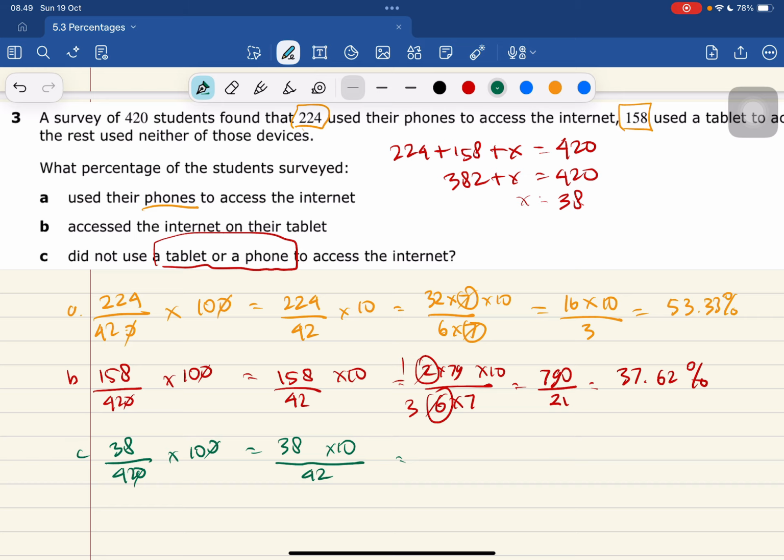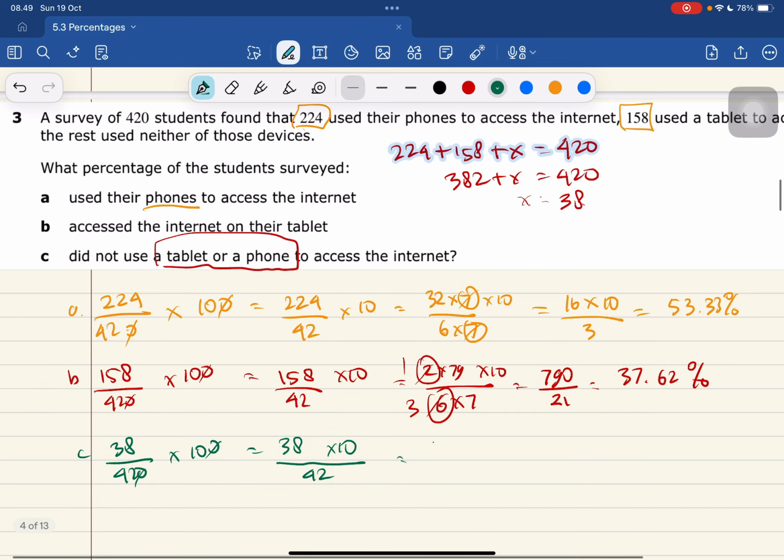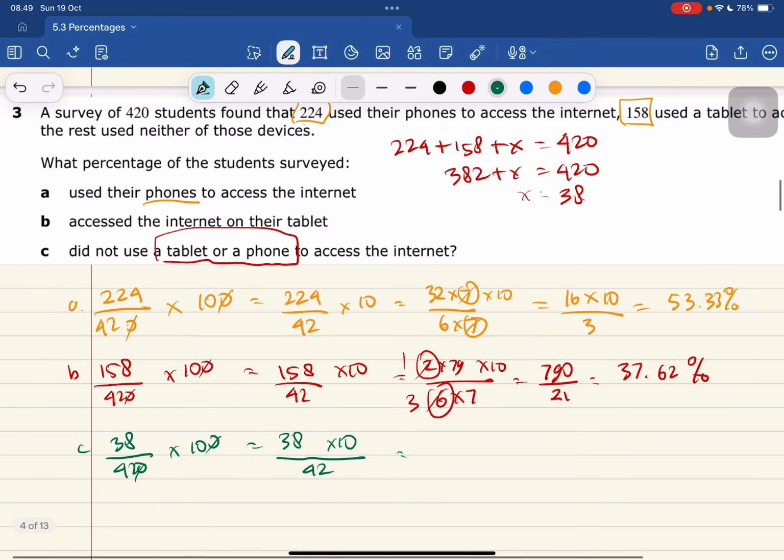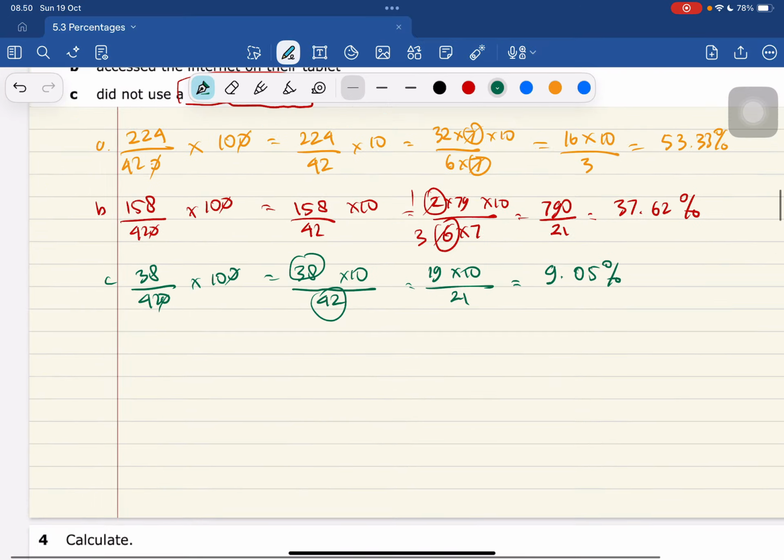No. Okay, we can simplify it by 2. So 38 and 42, both of them we divide by 2. So this is 19 times 10, and then 42 divided by 2 is 21. So the answer is 9.05%. Okay, there it is.